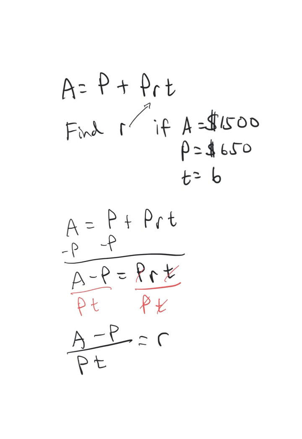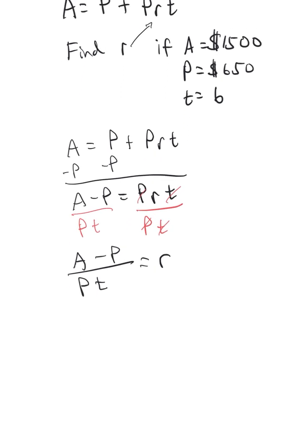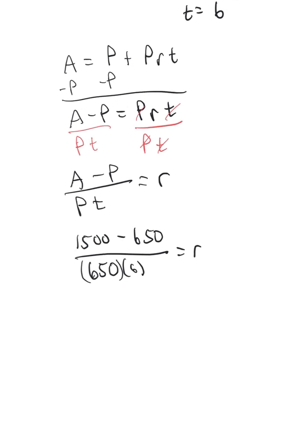So notice in this case I've solved for R, and then I could plug those values in. So A was given as $1,500. The principal was $650, and then on bottom, $650 times T is 6 equals R. So I'm going to do this calculation, and you should try this on your own as well to see if you're getting the same thing.